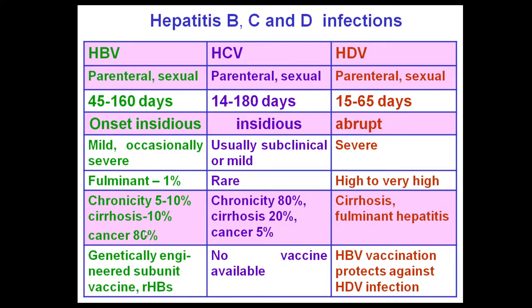And the hepatitis D virus usually causes cirrhosis and fulminant, lethal hepatitis. The important thing is that a very good vaccine is developed against hepatitis B virus, a genetically engineered subunit vaccine made up of recombinant hepatitis B surface protein, or antigen.